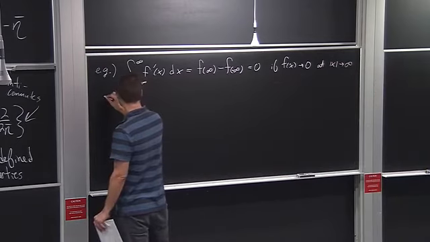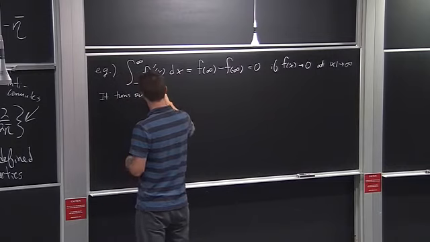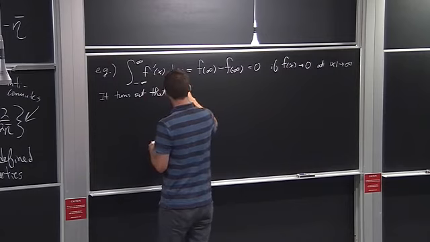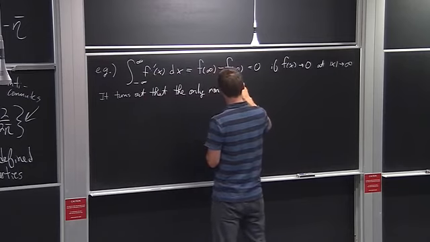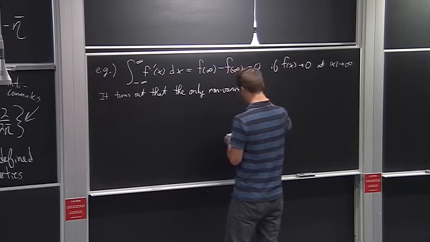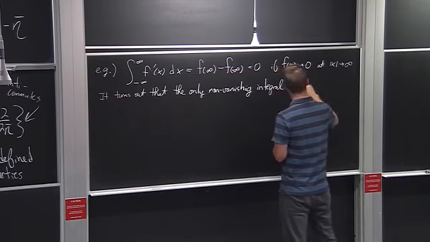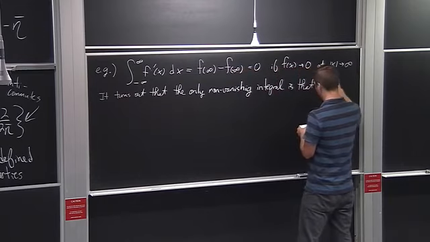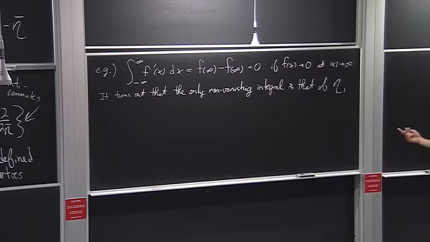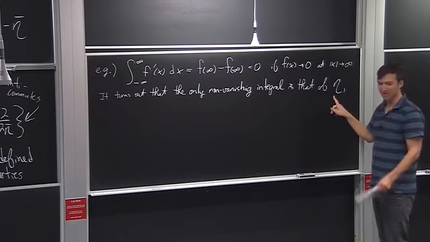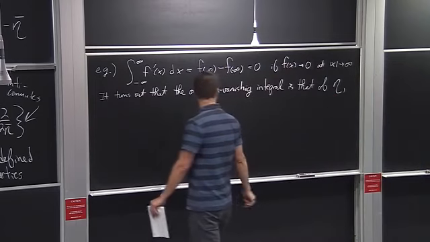So to make a long story short, the only non-vanishing integral is the integral of eta, because that's the only quantity that's not a derivative, basically.